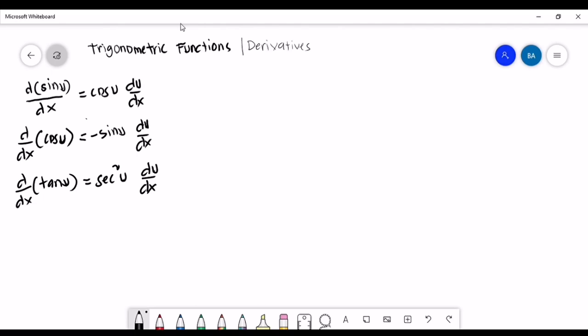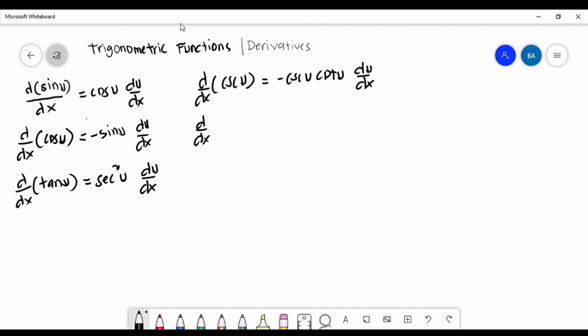And for the reciprocals, the derivative of cosecant u equals negative cosecant u cotangent u, times the derivative of u with respect to x. Just take note that the u is the same.